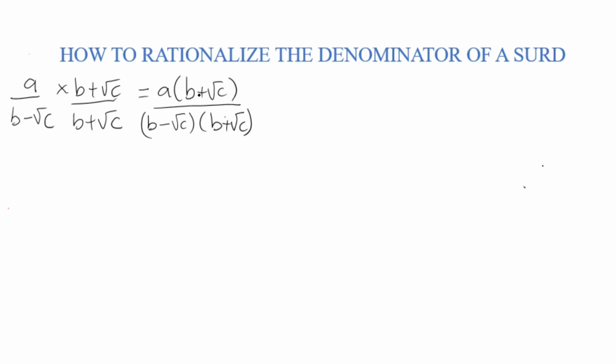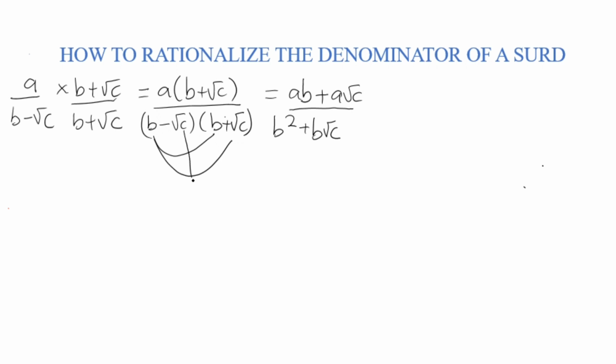So a times b is ab, a times root c is a root c, there's a positive sign here, so plus a root c divided by b times b is b squared, b times root c is b root c, positive, positive, positive, so plus b root c.